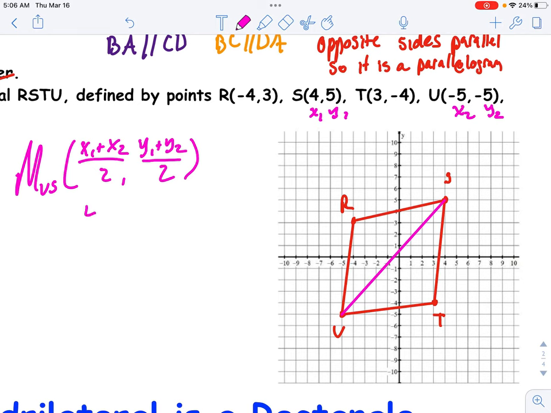Alright, we're going to get 4 minus 5 divided by 2. So we're going to get negative 1/2, comma, 5 minus 5 over 2, which is 0. Okay, that's the midpoint of US.